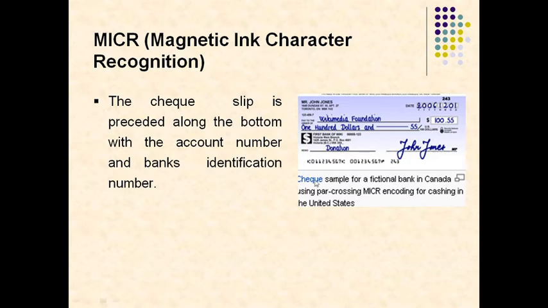At the bottom you can see the account number and bank identification number. Here is a sample check for a fictional bank in Canada using par crossing MICR encoding for cashing in the United States. A picture is given here of how the check is processed using MICR.